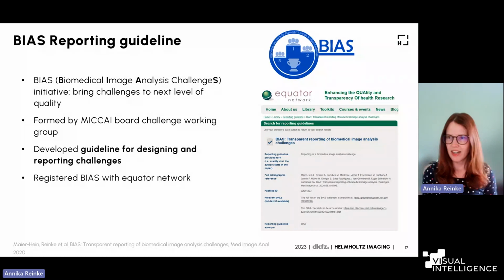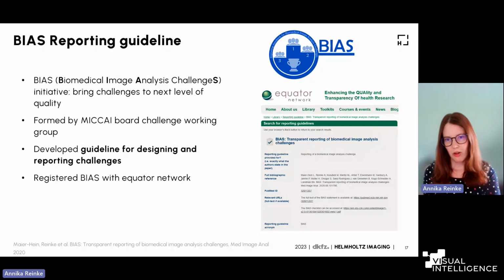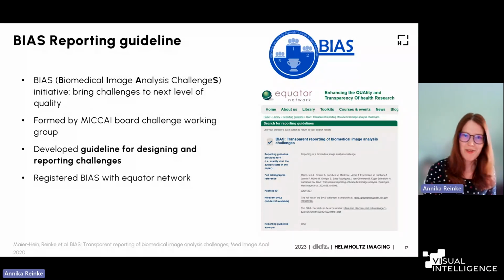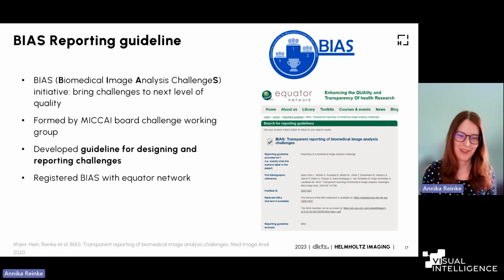And this guideline is basically a checklist with parameters that should be reported, on the one hand for designing a challenge and on the other hand for reporting the results. And you basically have all the parameters inside, and speaking both from the perspective of a reviewer of a challenge and also of writing a challenge as an author, it definitely helps to make sure that you have all the information available.